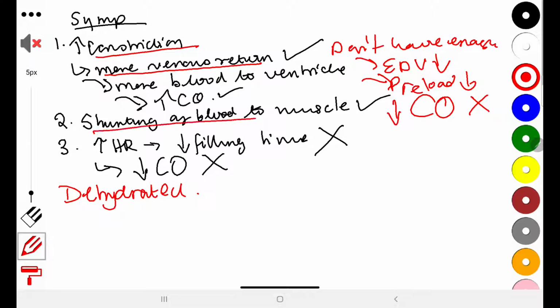The shunting of blood won't be enough either because you are dehydrated. Again, the heart rate will kick in. You will have reduced cardiac output on number 3, as well as number 1. The muscle won't be receiving enough oxygen, and what you have here is what is called fainting or syncope.